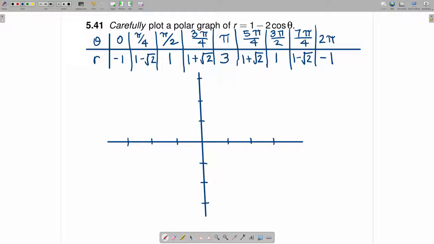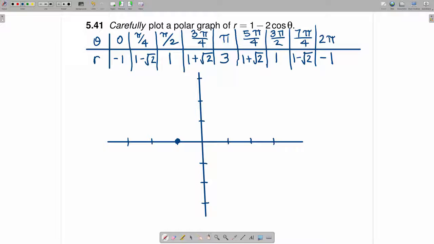Let's take the first point. First point to plot is theta equals 0. We know that's in this direction. And r is equal to negative 1. Well, with r equals negative 1, instead of going in this direction, it's going to go in this direction. So that first point is right here.